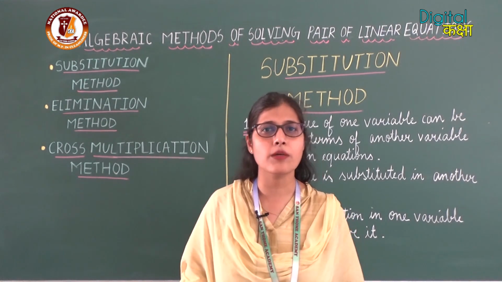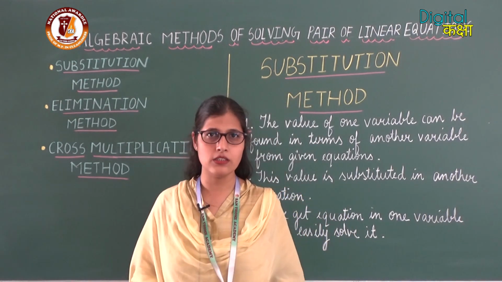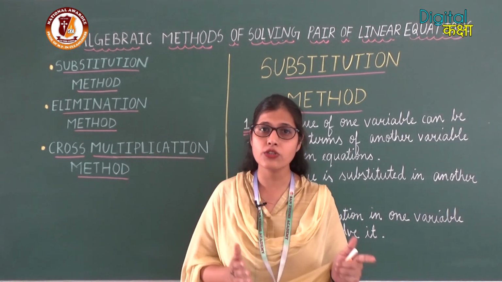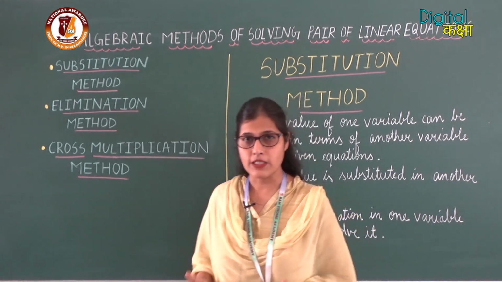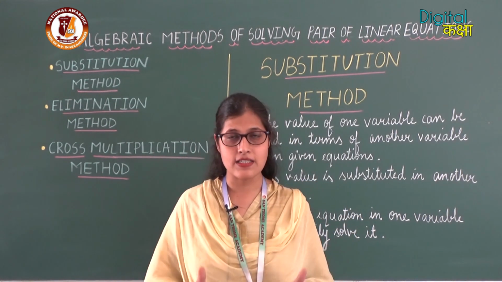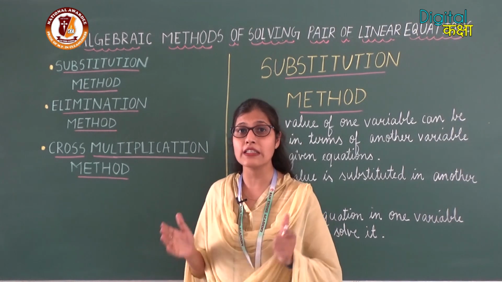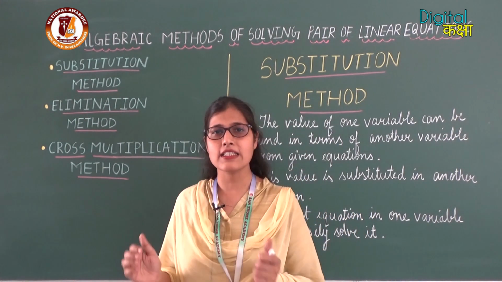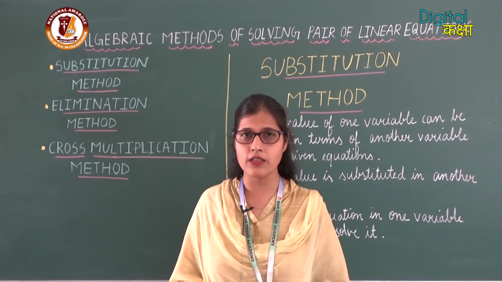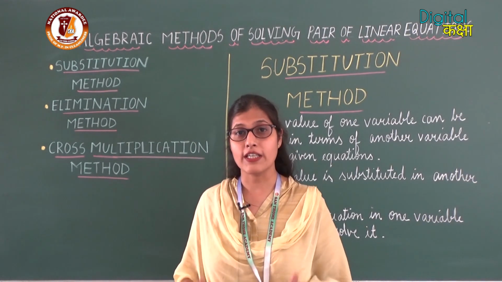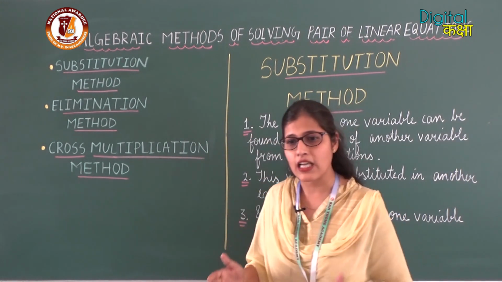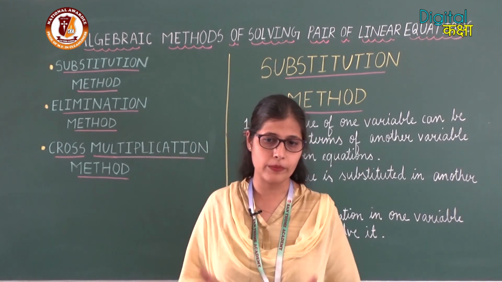Previously we have learnt about the graphical method of solving pair of linear equations in two variables. But the problem arises when the solution is in fraction. That is, if the value of x is minus 1 by 7 or if it is 2 upon 7, it cannot give us the correct answer on the graph paper.